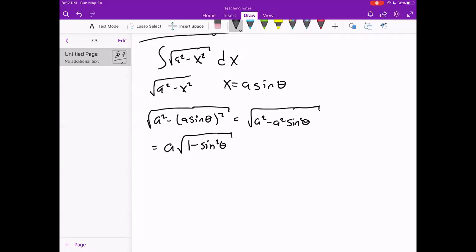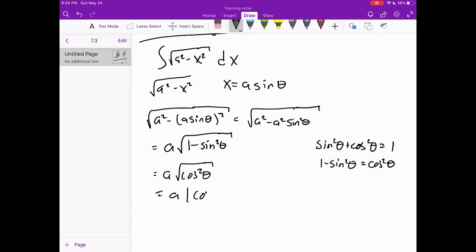And now I remember back to my trigonometry, and I know sine squared theta plus cosine squared theta is equal to 1. So 1 minus sine squared theta, if I subtract the sine squared theta, it's going to be cosine squared theta. This then is equal to a times the square root of cosine squared theta, which is a times the absolute value of cosine theta.